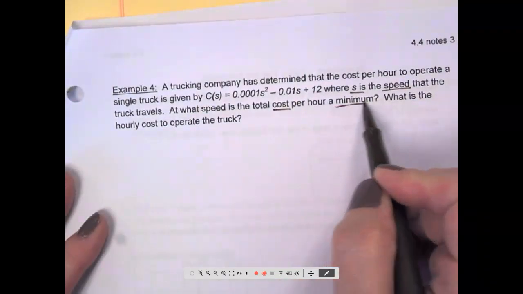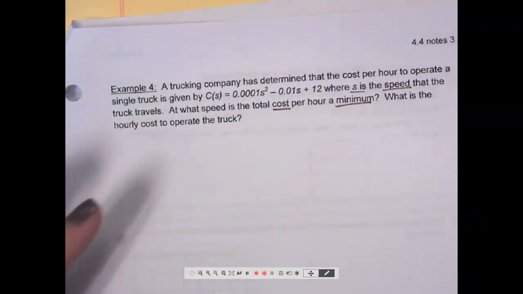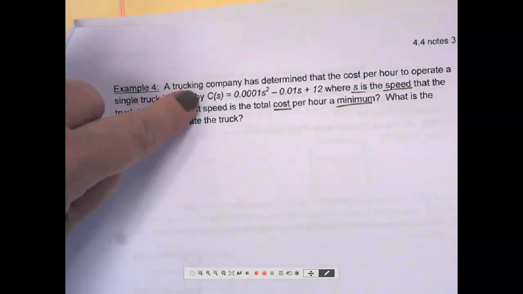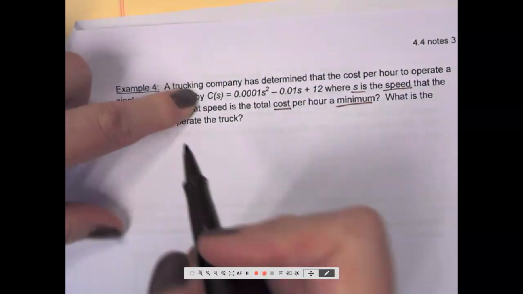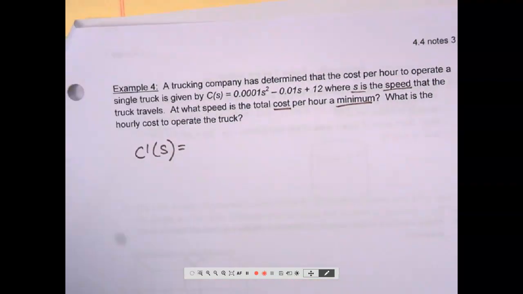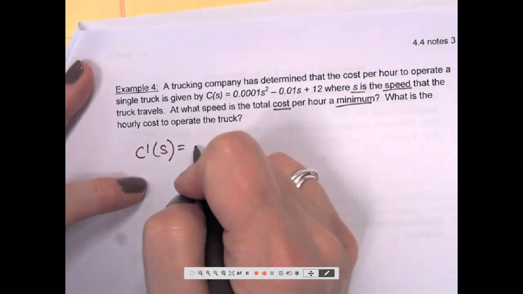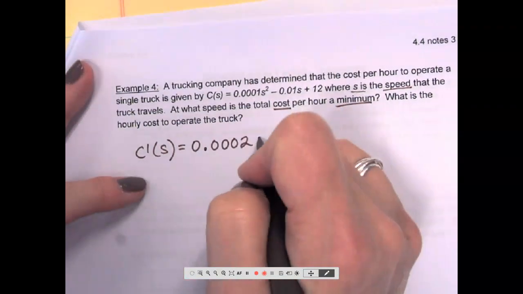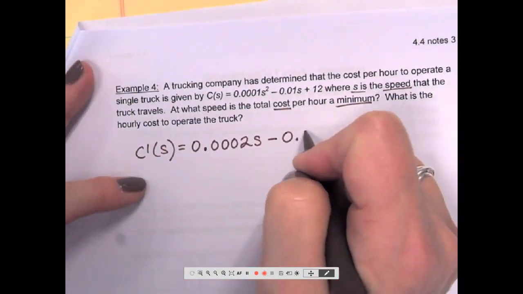Cost. We want to minimize cost. So I need to take the derivative of the cost equation. Well, here's my cost equation. I don't even have to come up with it. I just need to find the derivative and then set it equal to 0. Okay, derivative would be what? 0.0002 s minus 0.01.